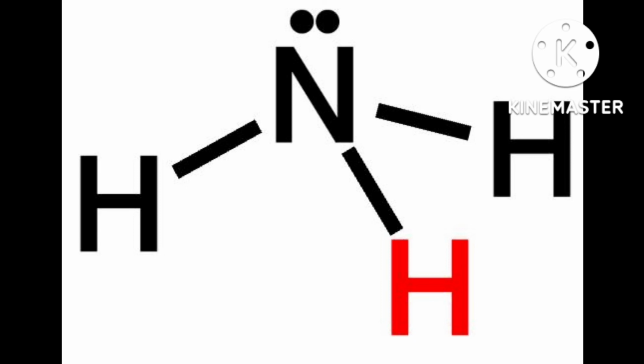After the mixing, they will make a new hybrid, and that structure will be entirely different. In the end, it will come with one very small lobe and one big lobe. Due to 75% P character, it will show big.